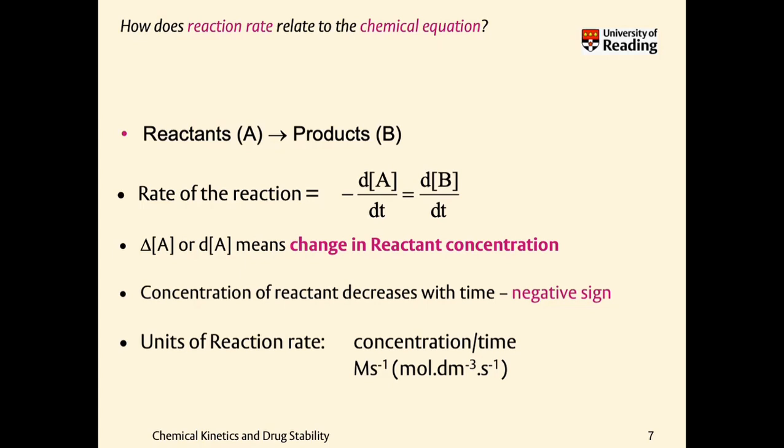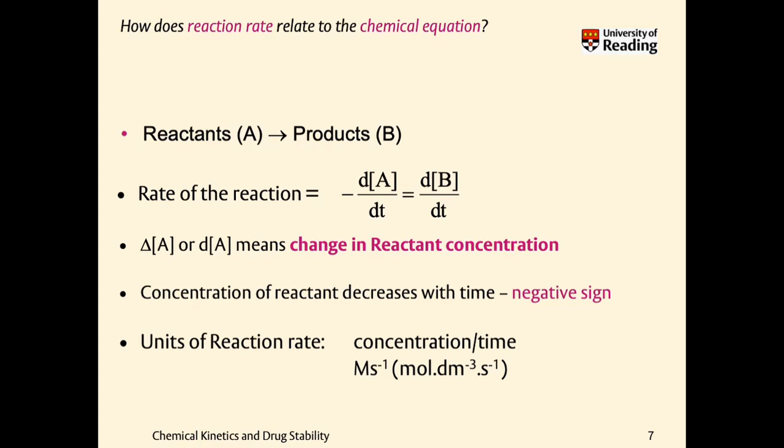It is the d that indicates change. So where we see d[A]/dt, it is showing us the rate of change in concentration of reactant.